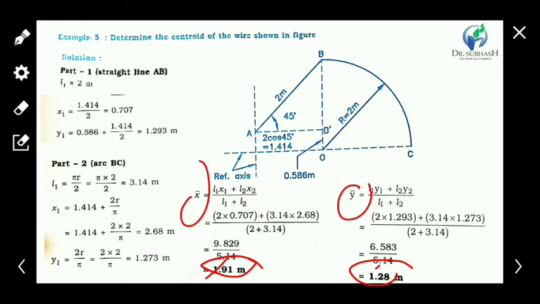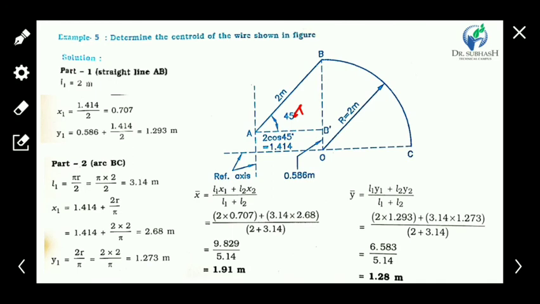It gives the coordinates of the centroid from this reference point or reference axis. This is the reference axis distance of the CG. It is here, okay, clear that? It should be somewhere there, the CG.